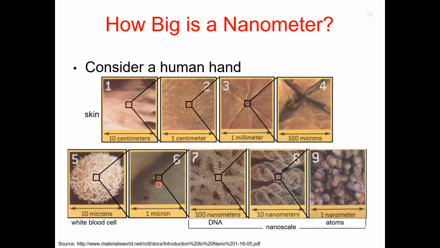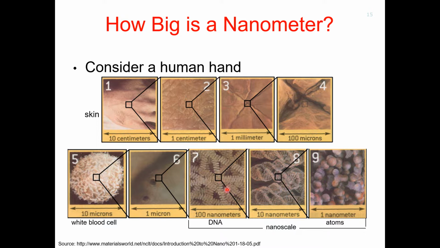If we further change from 1 micron to 100 nanometers, it looks like leaf-like structures, or maybe creature-like structures. At the 100 nanometer scale, these are DNA structures.